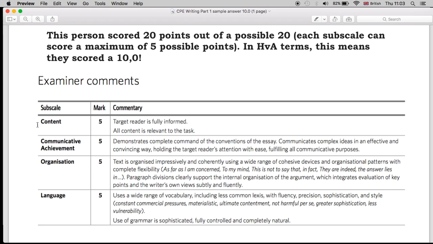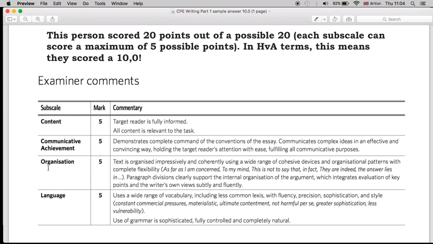Because to revise something I talked about in a different video, your writing is being assessed upon 4 different scales. Content, do you answer the question? Communicative achievement, do you, the author, use the right sort of language, the right sort of tone of voice to answer the question?